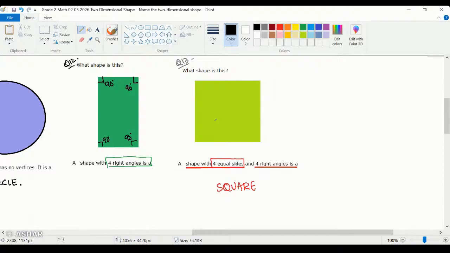Thank you, Deborah. Thank you, Semi. Then this shape, because the lengths are different, is a rectangle.